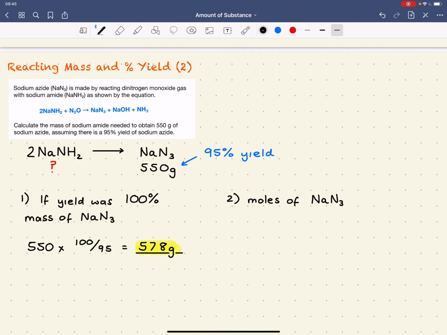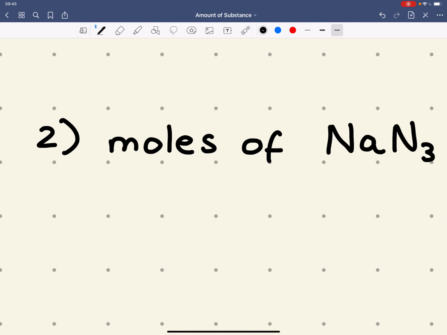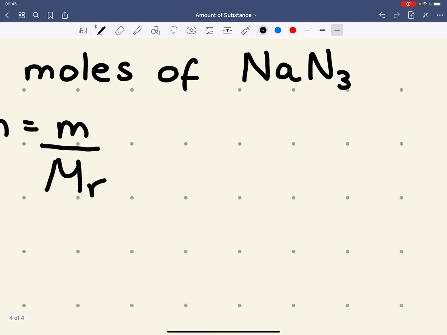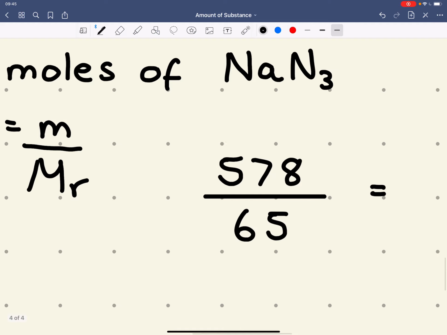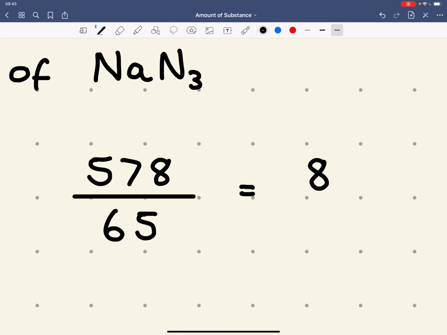So that's where we're going with this one. So moles, remember, is mass divided by MR. The mass is 578, and the MR of this sodium azide is 65. That's going to give you 8.91 moles.